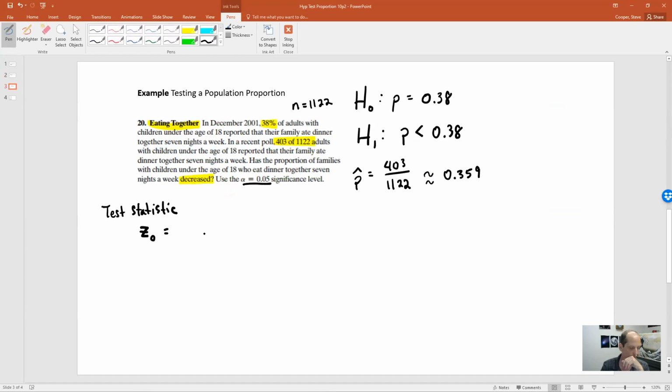So that equals P hat, the 0.359 from the previous slide, minus P naught, which is the accepted value, the 0.38. Divide all that by the square root of P naught times 1 minus P naught.